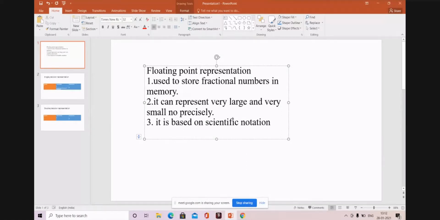It is just a definition. What is a floating point number? It is basically used to represent very large as well as fractional numbers, and this floating point representation does not have a specific number of digits reserved for the integer part and the fractional part.